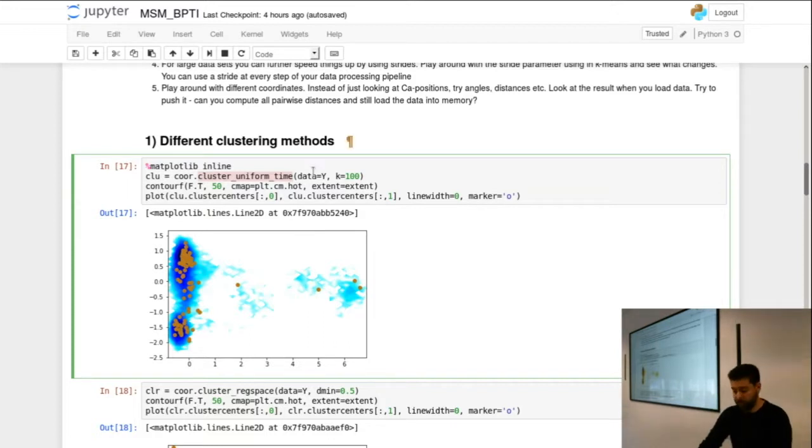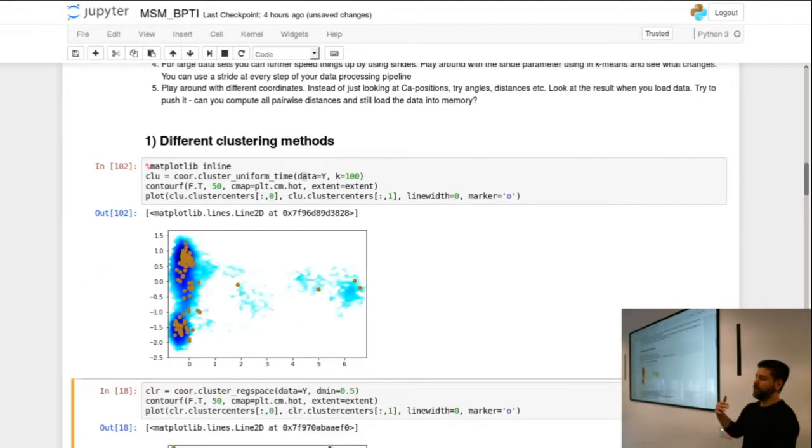The problem is that it's also shaped the way your data is shaped. So if you visited this part of the TICA space only very briefly, you're going to end up having very few points there, and that might lead to bad discretizations, right?